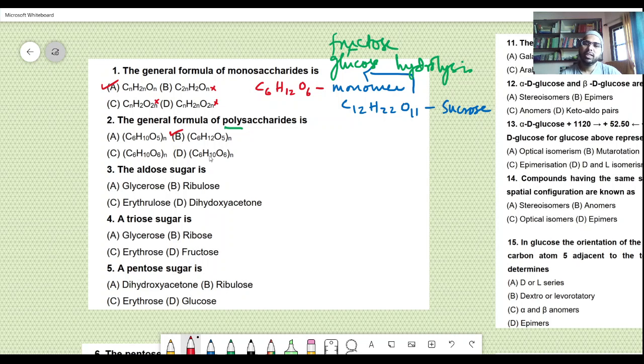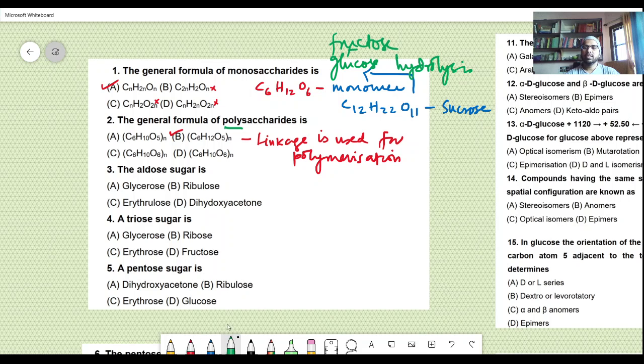Because you can see that glucose is C6H12O6, so one of the oxygens is removed, and that linkage is used for polymerization. So it goes by that particular formula.